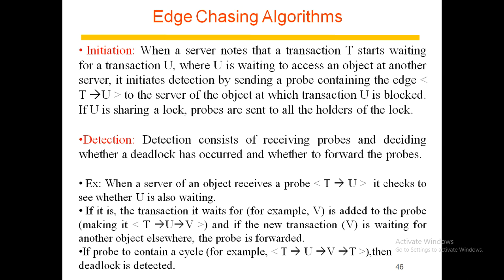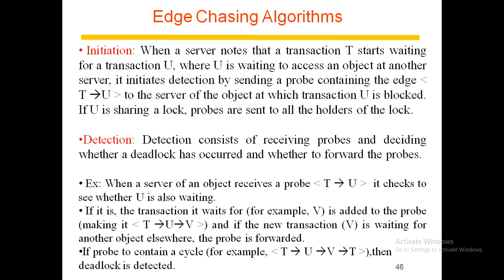If it is, the transaction it waits for, say transaction V, is added to the probe, making it T to U, U to V, and if the new transaction V is waiting for another object elsewhere, the probe is forwarded. In this way, paths through the global wait-for graph are built one edge at a time.